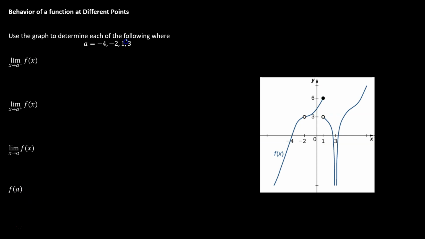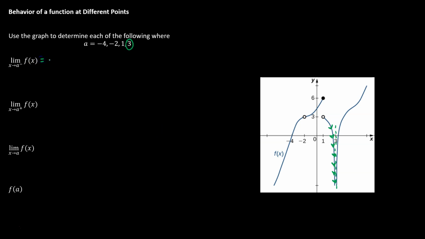We have one last a value, and that's 3. So at x equals 3, we draw our vertical line, which is a vertical asymptote for this graph. Looking at the limit coming from the left, we can see that our values keep getting smaller and more negative.